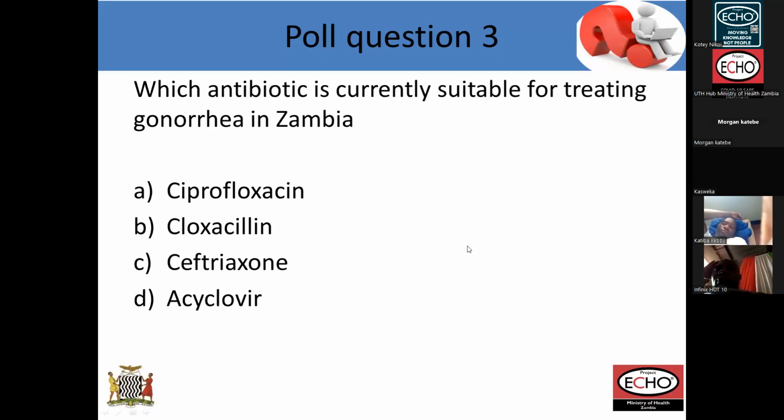So let's say the husband is RPR positive with symptoms that are suggestive of syphilis. You confirm, if you can, with the treponema test, then you do the titration and begin the treatment for the husband. With syphilis, there's no urgency in treating, so you can repeat the test for the wife later.